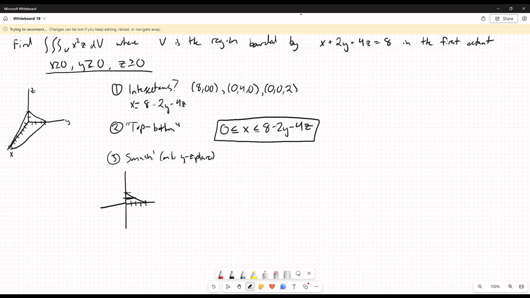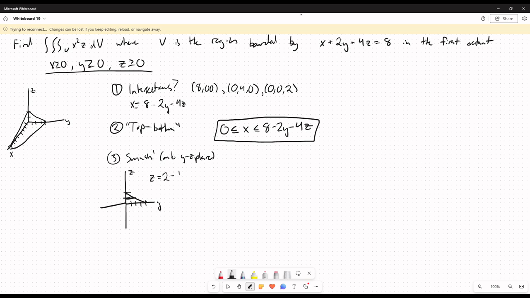Well, this line has a y-intercept of 4 and a z-intercept of 2, because remember this is our z-axis, this is our y-axis, and we are going down at a slope of -1/2.